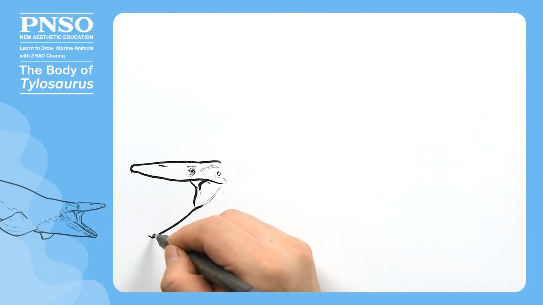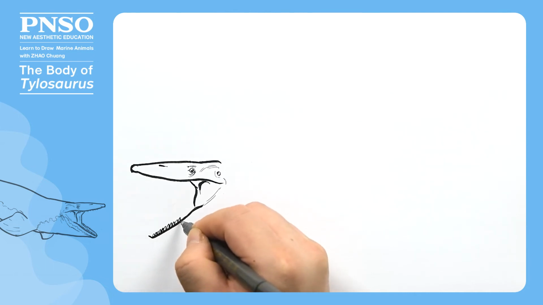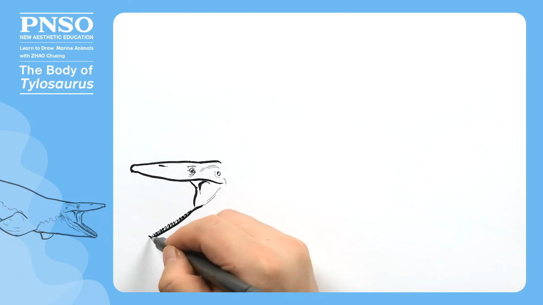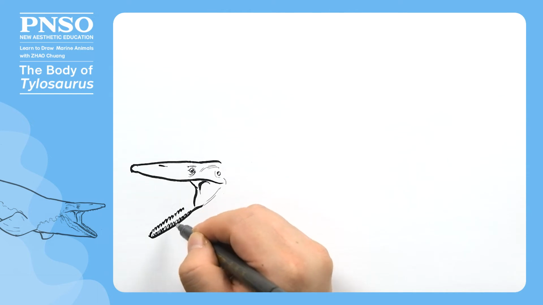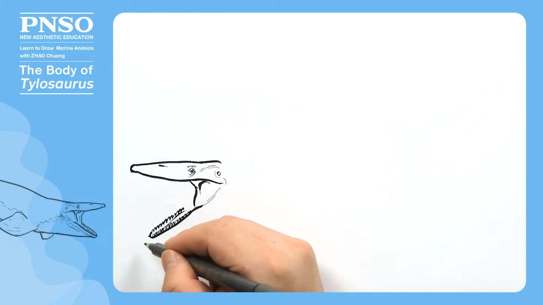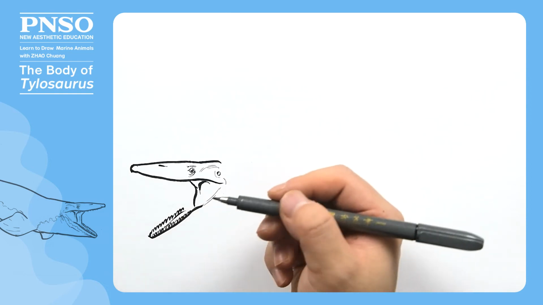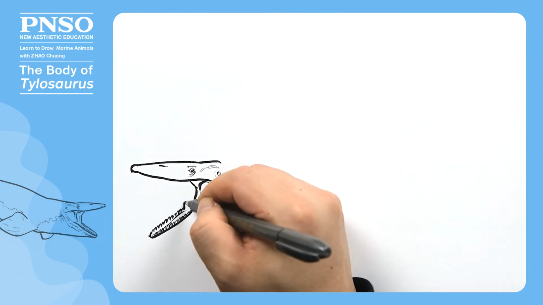The teeth in the lower jaw. The other side. And its tongue. The end of its tongue should be forked like that of snakes, but when it opened its mouth, it usually retracted, so we don't need to draw its forked tongue in this picture.